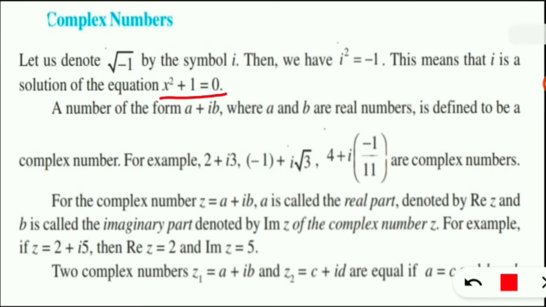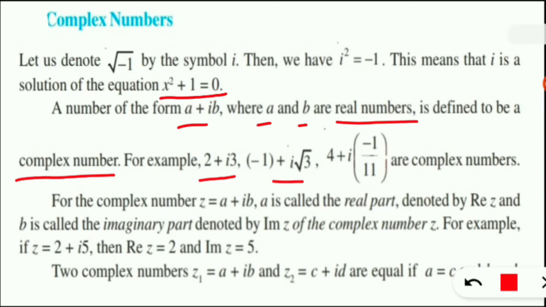So a number of the form a plus ib, where a and b are real numbers, is defined to be a complex number. Clear? For example, 2 plus i3, minus 1 plus i root 3, and 4 plus i into minus 1 by 11 are complex numbers, because all of these numbers are of the form a plus ib.